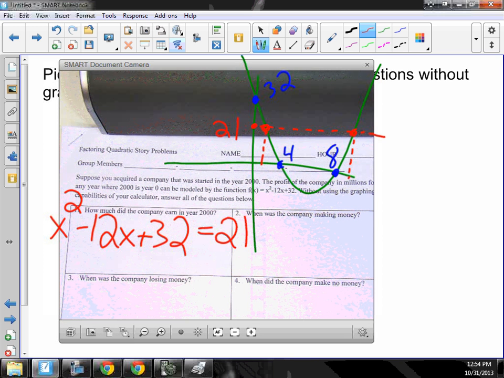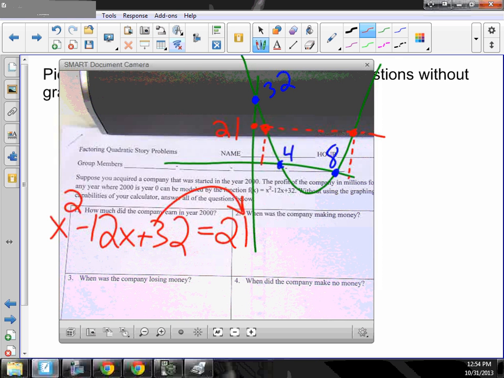Well, now let's just use algebra. What do we do to solve for x? Okay, now don't write any of this down. If I subtracted 32 and put it over there, what am I going to do with what's left? Can you add x squared and 12x?